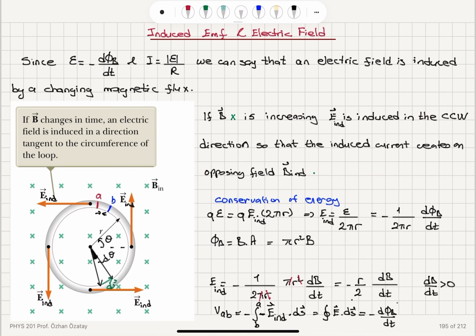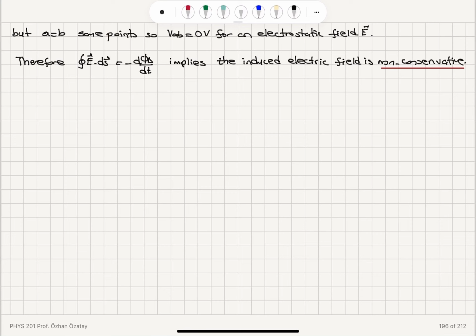So this potential difference calculation between A and B depends on which path I take, and therefore the electrical force Q times the induced electric field has a work done that depends on the path taken, which implies that the induced electric field is non-conservative.